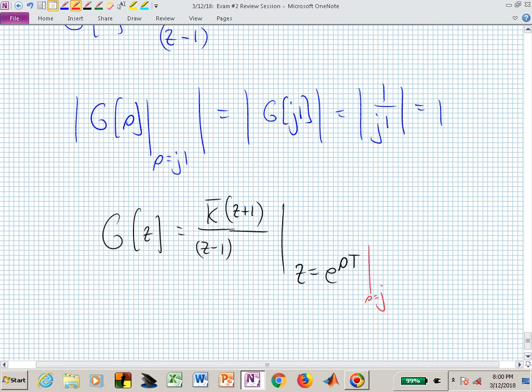S is equal to j. I have e to the jT, and I would need to pick T, but do you see how you would solve for K? You would plug that value of z in here, find the magnitude, and solve for K bar.